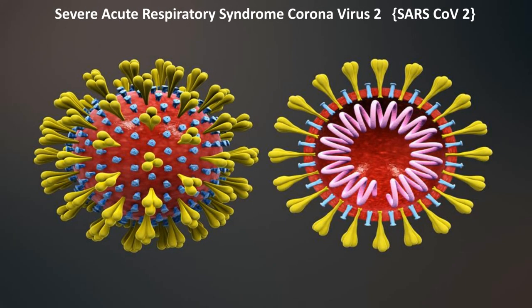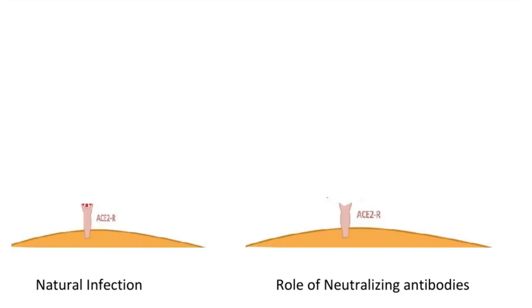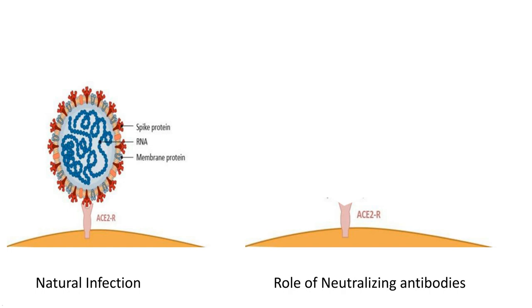The two antigens which are of prime importance are the spike protein, which is on the surface, and the nucleocapsid protein, which is inside the virus. Our aim is that in natural infection, the spike protein will bind to the ACE2 receptor and enter into the cell and set up infection.